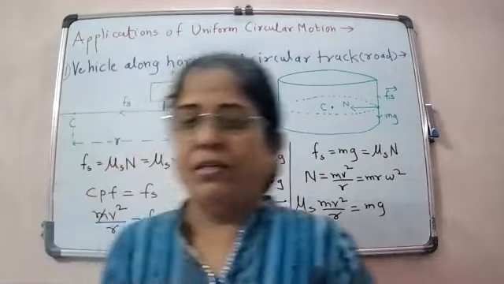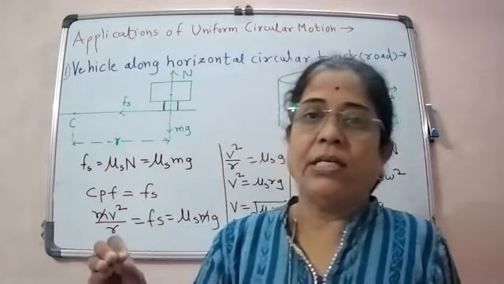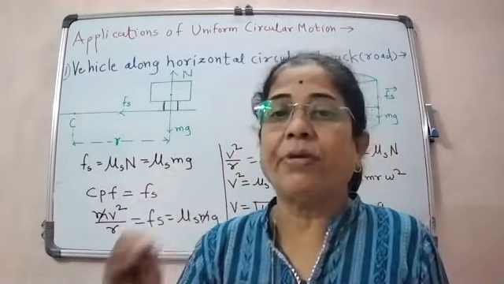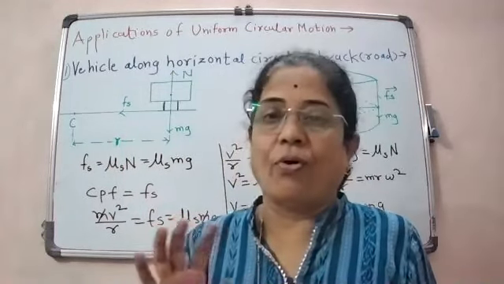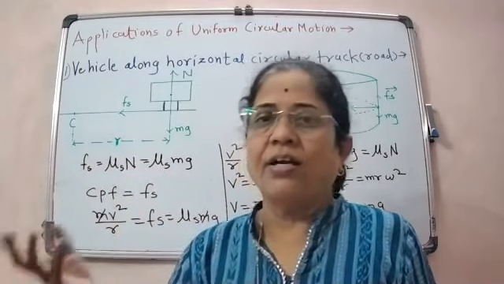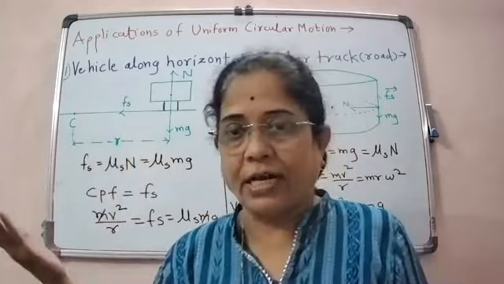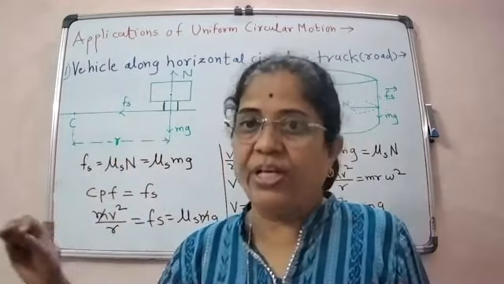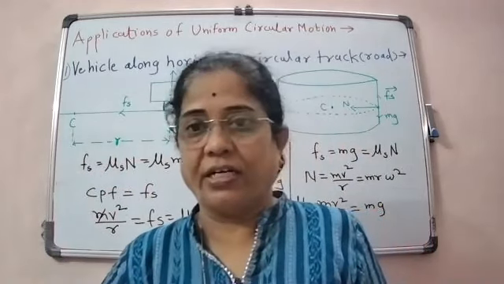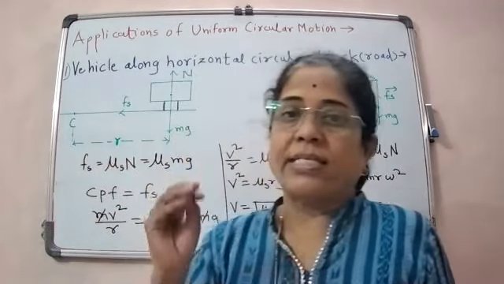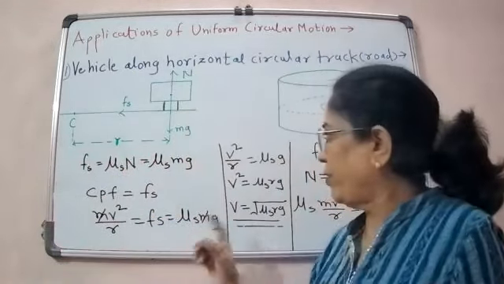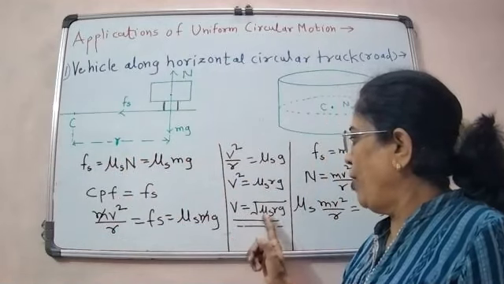That means the most safe speed or maximum safety speed limit for any vehicle, whether it is a car or a loaded truck, whatever may be the mass of the vehicle, is v equal to square root of mu s r g.